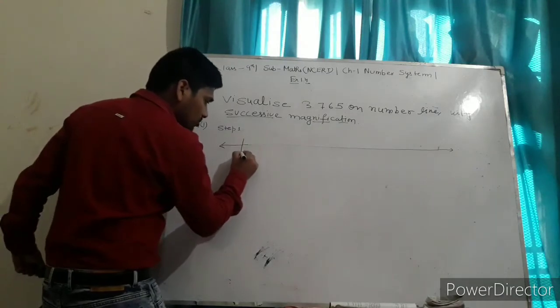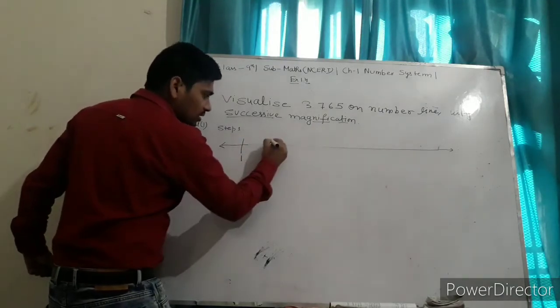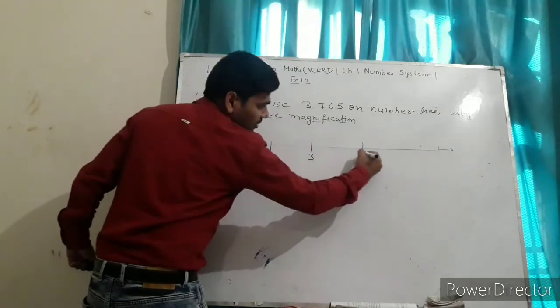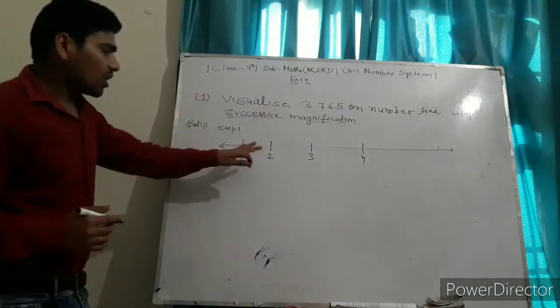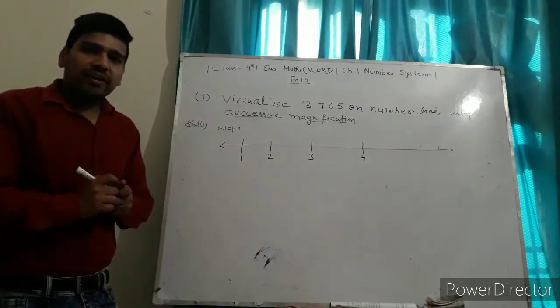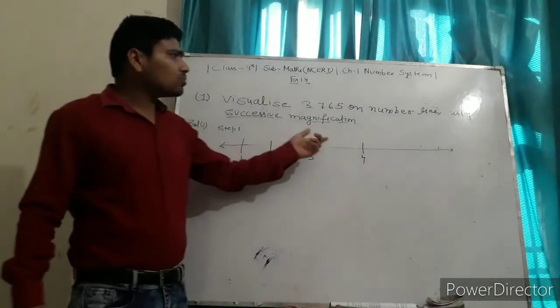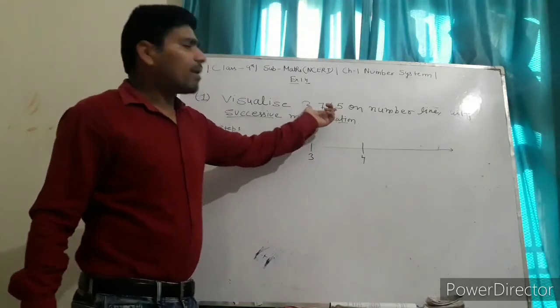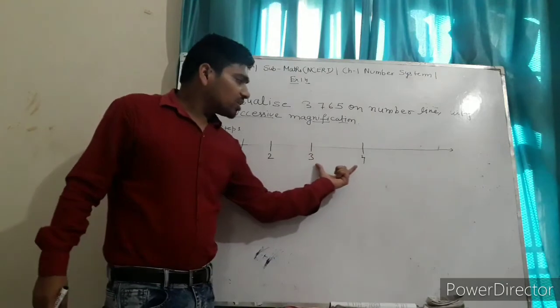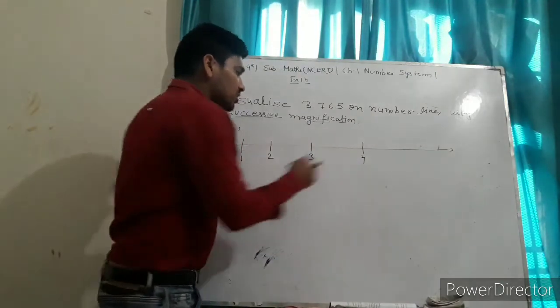Suppose this is your 1, this is your 2, this is your 3 and this is your 4. Now you have to make 10 equal parts between 3 and 4.